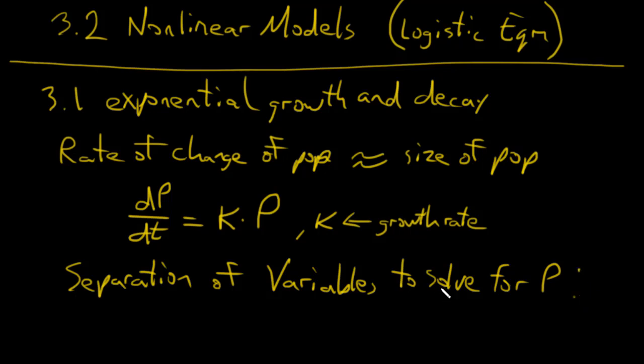So here we go. Very first clear of the day. Well, if I hit the right button, it'll work. Okay, there we go. So we start off with dP/dt is equal to k times P. Then we did separation of variables. I moved all the P stuff over to the dP side and all the other stuff to the dt side.